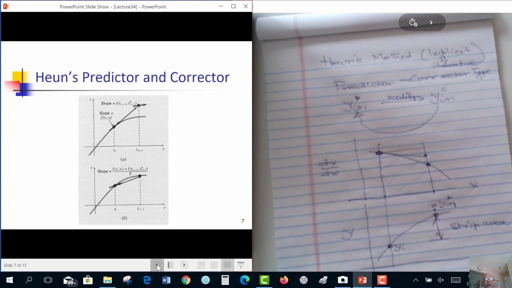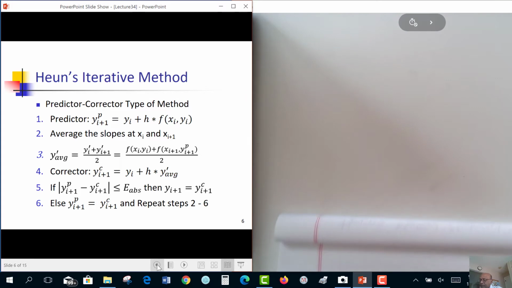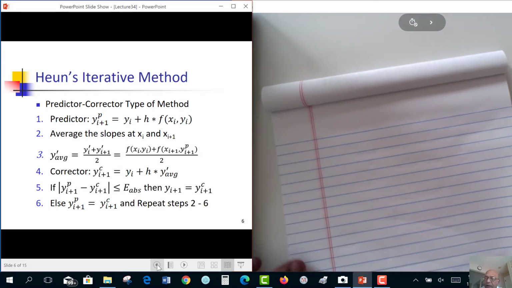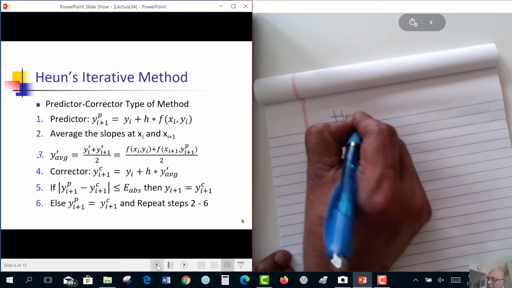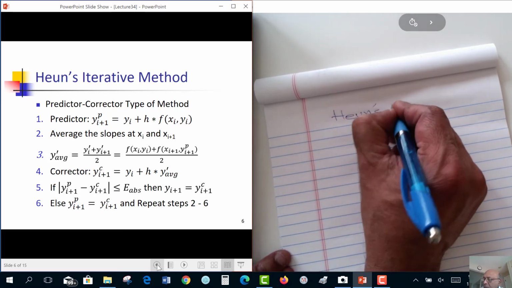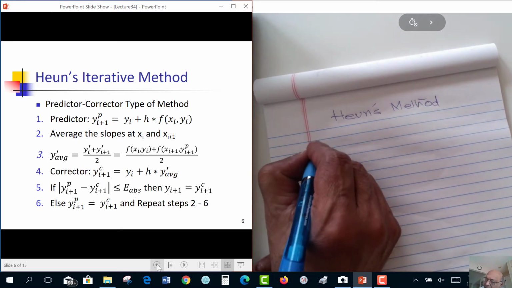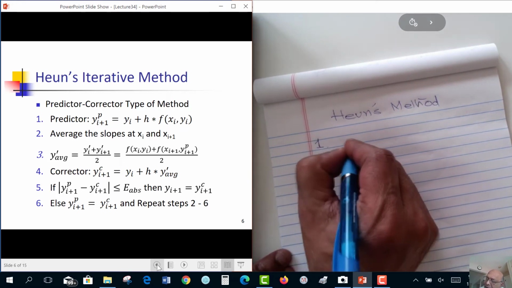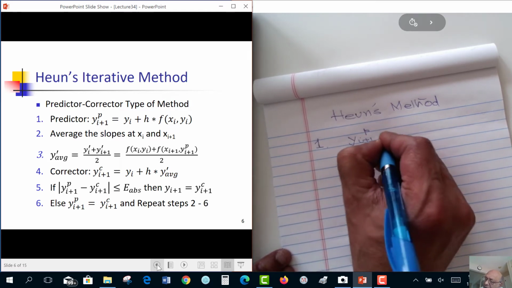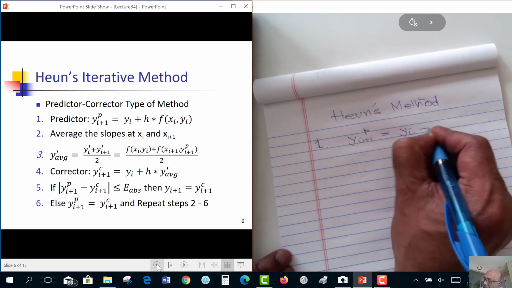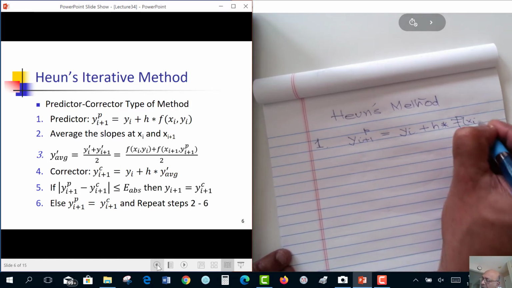So let's look at it in an algorithmic way. First step, we calculate a y_i+1 predicted value, which is y_i plus h times the function at x_i, y_i.